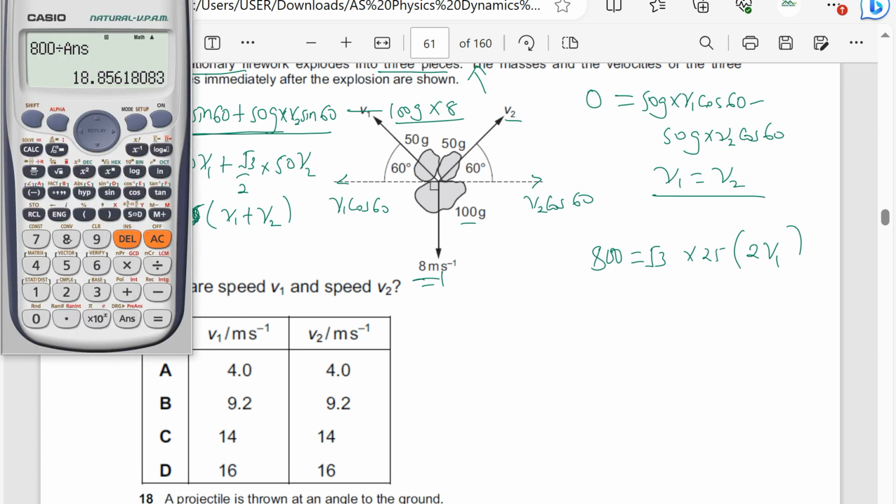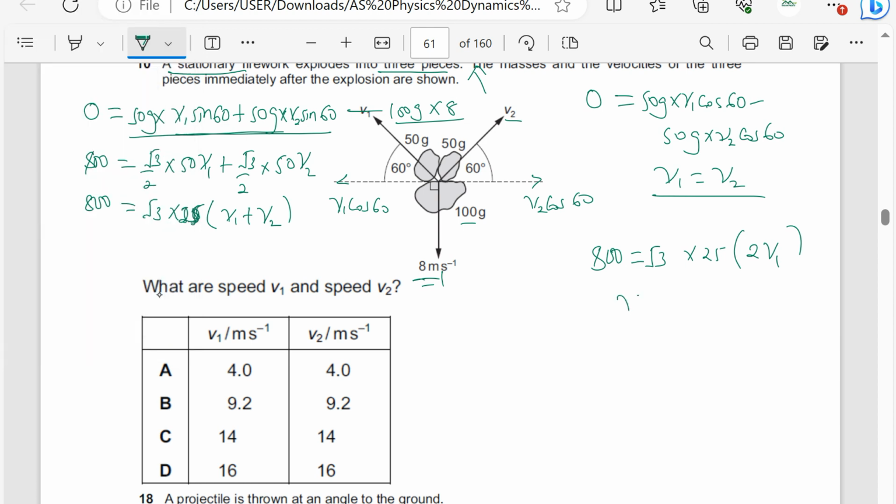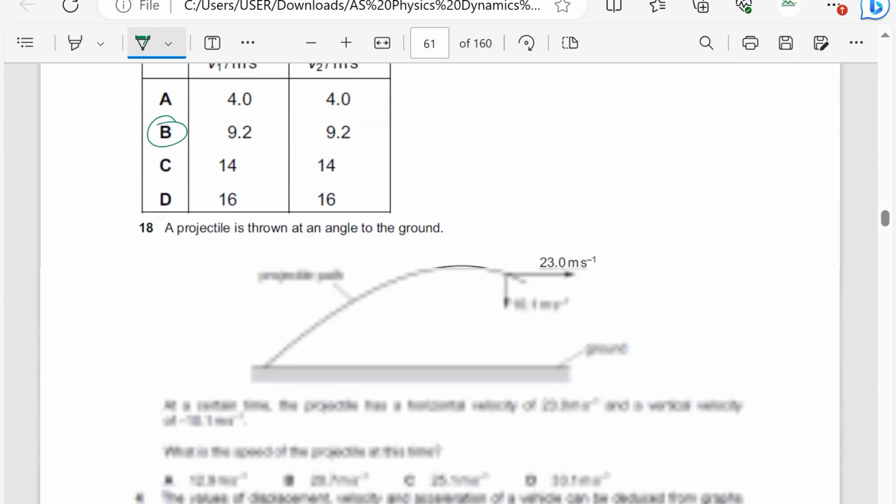So I have 800 divided by root 3, then again divide by 25 by 2, which is 50. So that is 9 point something, 9.2. So v1 is 9.2. So v1, remember, should be the same as v2, so the answer is B.